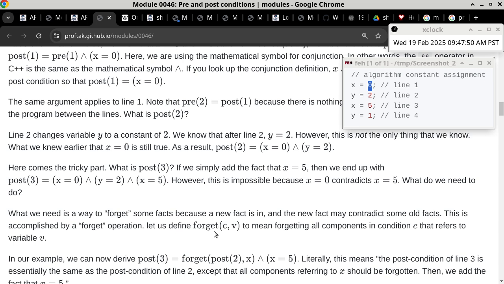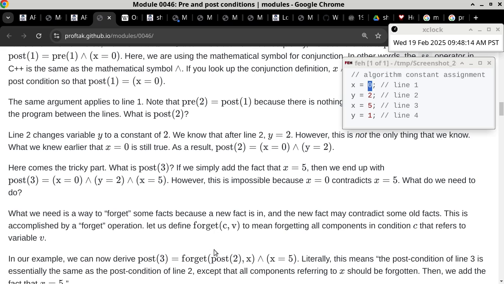All it does is to look at the condition C and remove anything that mentions the variable v. That's all it does. It simply says, whatever we knew about variable v, let's forget that because variable v is changed. So we cannot maintain what we knew about v.